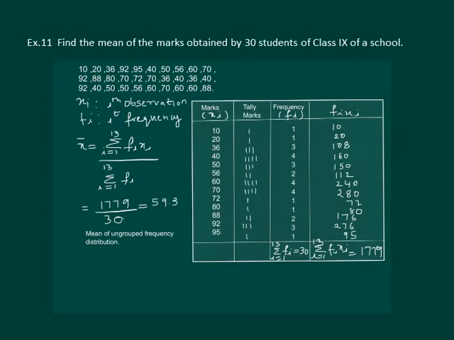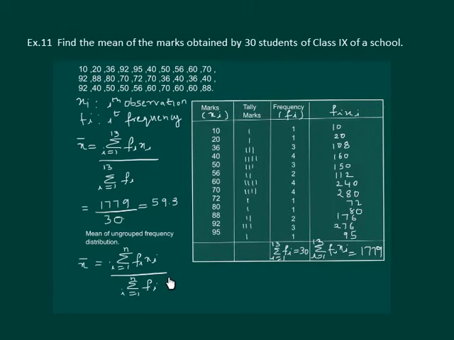Hence we have learned to find the mean of an ungrouped frequency distribution. And in general we can say that if there are n entries, then the formula for the mean will be x bar equal to sigma fixi, i varying from 1 to n, whole divided by sigma fi, i varying from 1 to n.